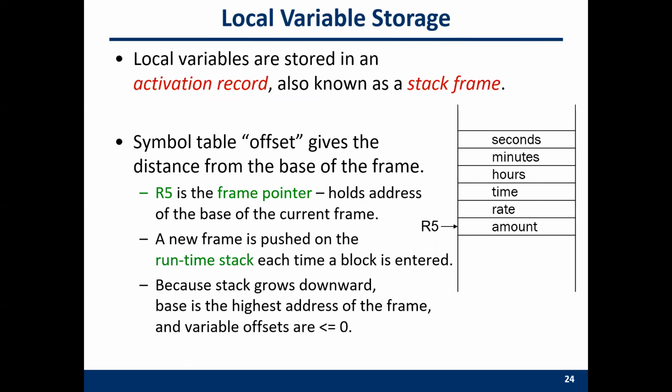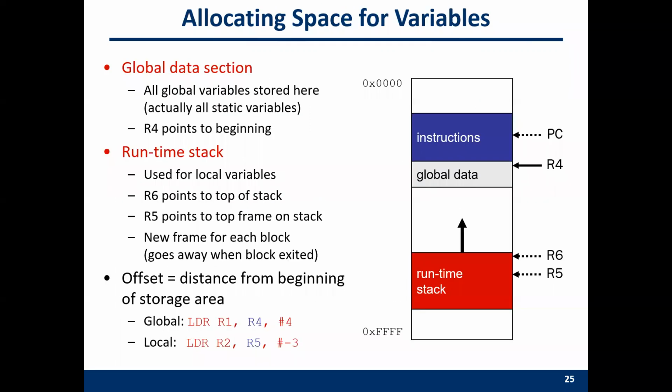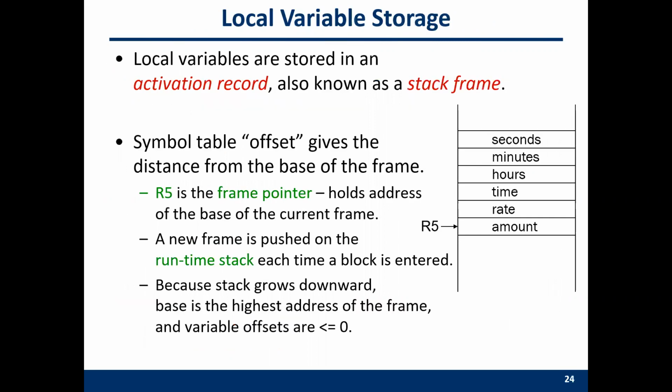So the R5 in this example holds the base of the current frame. And similar to the previous function, local variables, when we have a function, we dynamically allocate a memory space.